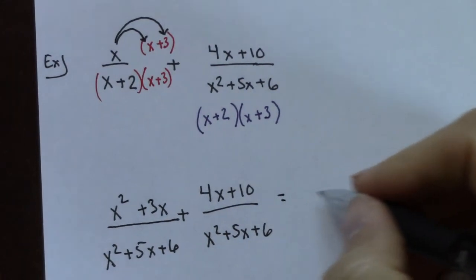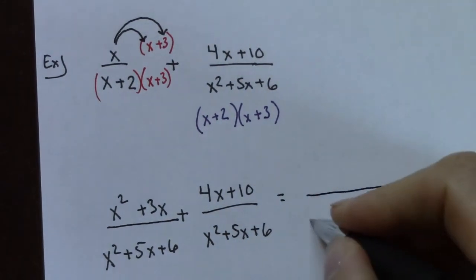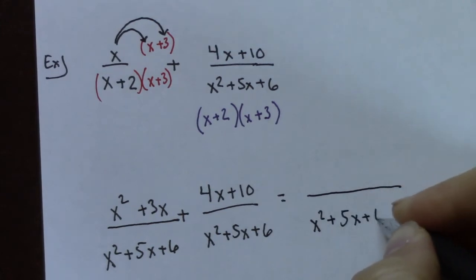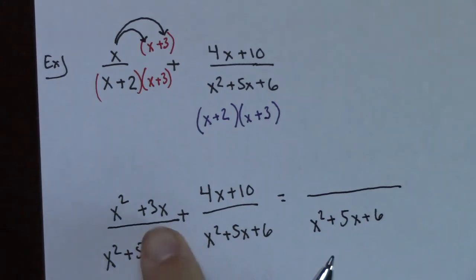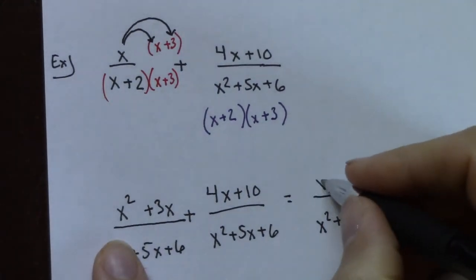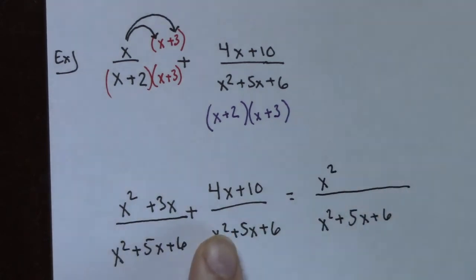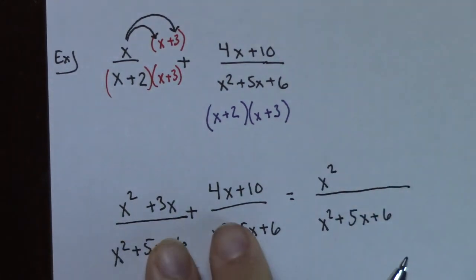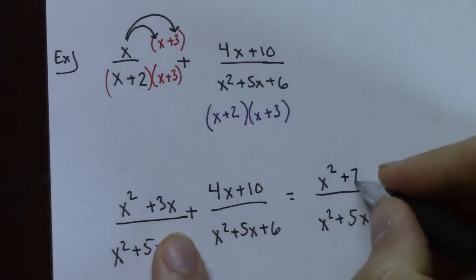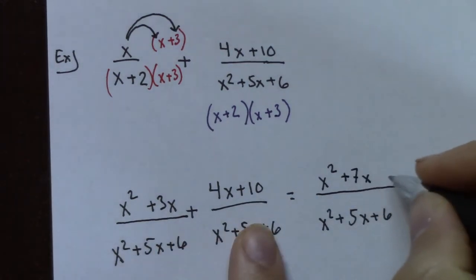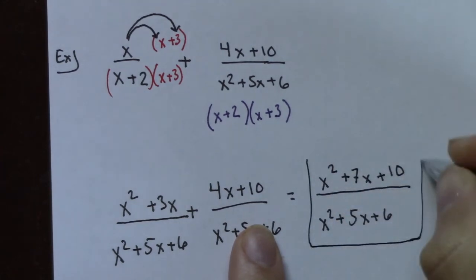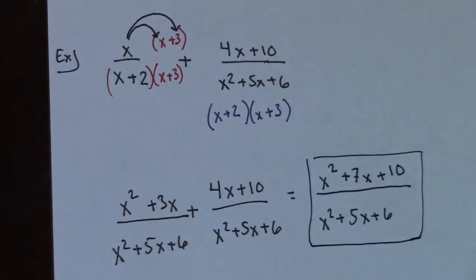So when I combine these, the denominator does not change, x squared plus 5x plus 6. And now for the numerator, I'm going to combine like terms. So I've got an x squared right here with no matching squared part on the second half. I've got a 3x and a 4x that combine to make 7x. And then I've got a plus 10 with no matching part on the first half. And there be my final answer.